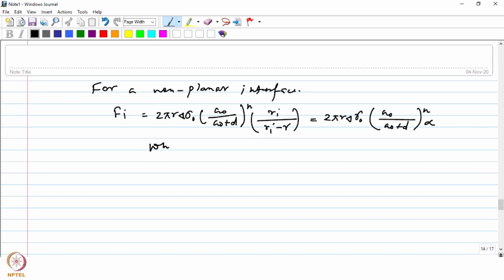This holds when A naught plus D is much less than R. So for alpha greater than 1, a concave interface develops and A phi is increased.